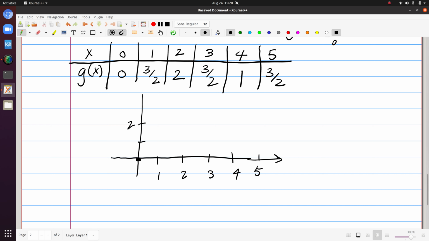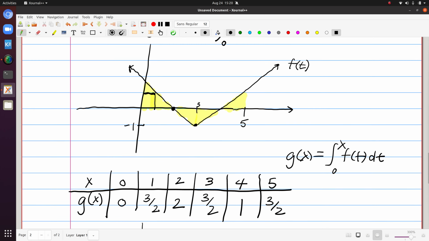And so we know that it goes up to 3/2, up to 2, down to 3/2, down to 1, back up to 3/2. And so what we could do is sketch this out, right? Connect these points and continue like that. So this is a sketch of g of x given what we've seen here.